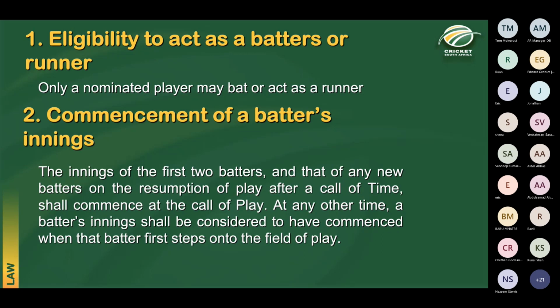But the umpire spotted that and said, if this batter that is now walking towards the pitch goes off the field again, then he would be considered as retired because his innings commenced the moment that he stepped over the rope into the field of play.